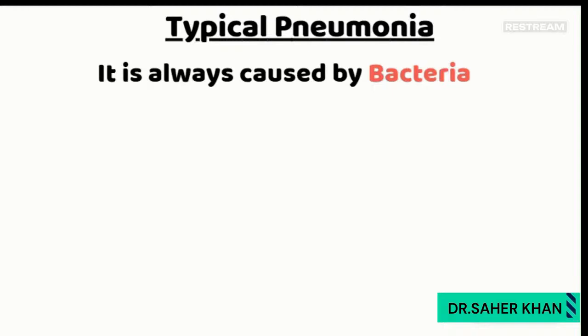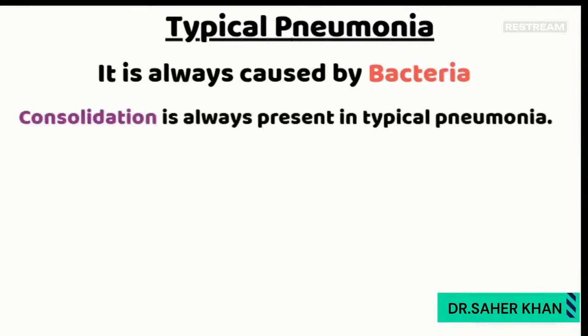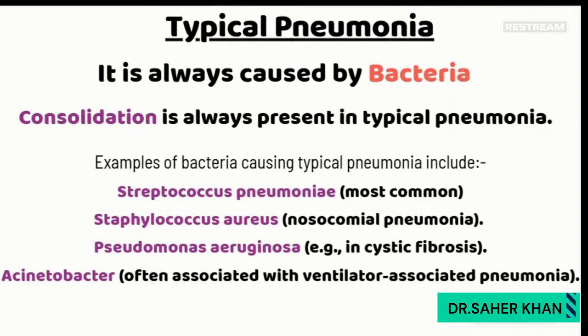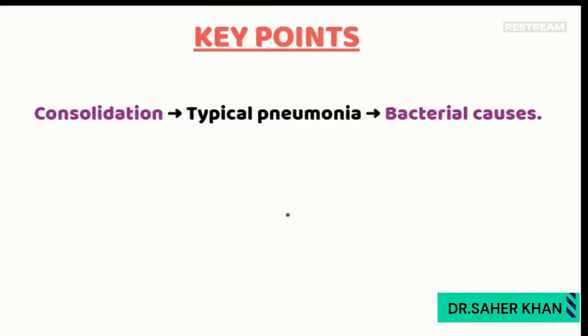And the other key point is consolidation is always present in typical pneumonia. The examples of bacteria causing typical pneumonia include Streptococcus pneumoniae, which is the most common one, followed by Staphylococcus aureus, Acinetobacter. So the point to remember here is typical pneumonia is always caused by bacteria and consolidation is always present in typical pneumonia.